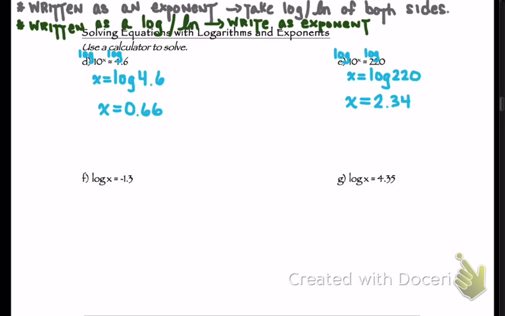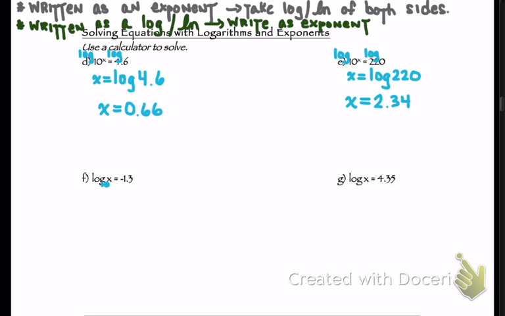But notice letters F and G, it's written as a logarithm. Now I'm thinking, okay, it's written as a log. The inverse is to absolutely write that as an exponent. Based on what we learned yesterday, I understand that if there's nothing written, logarithms are understood to be in base 10.